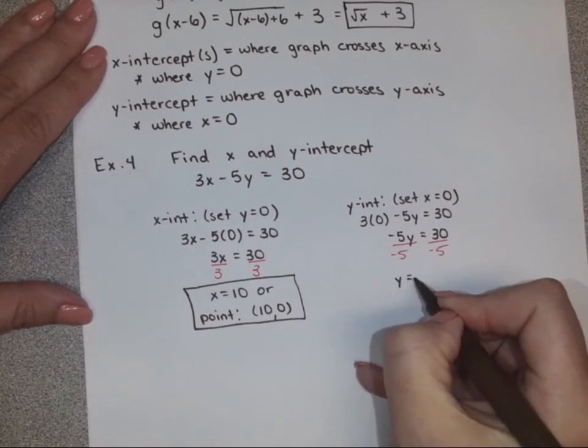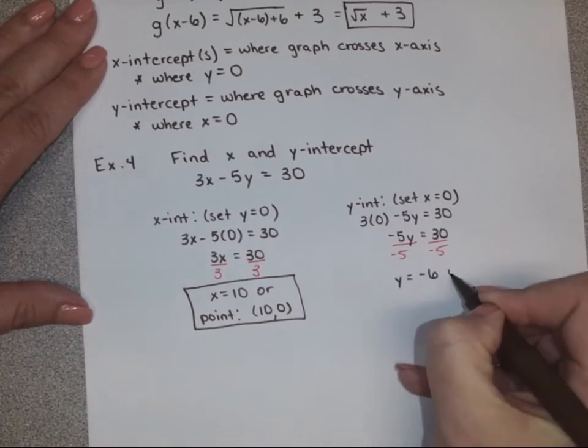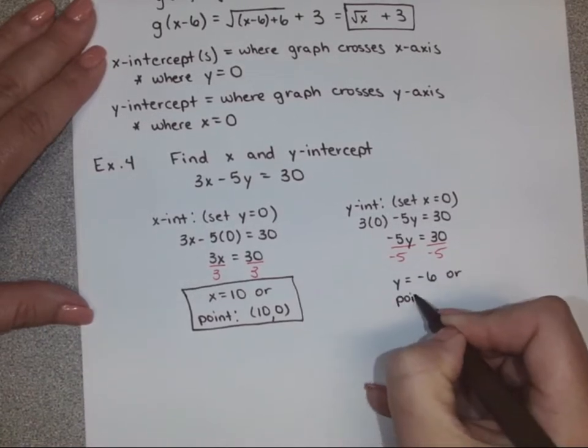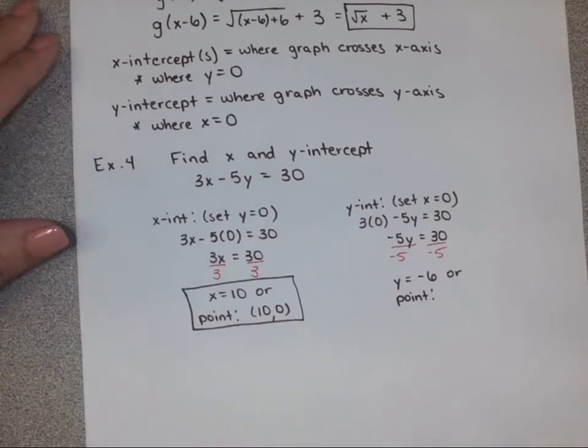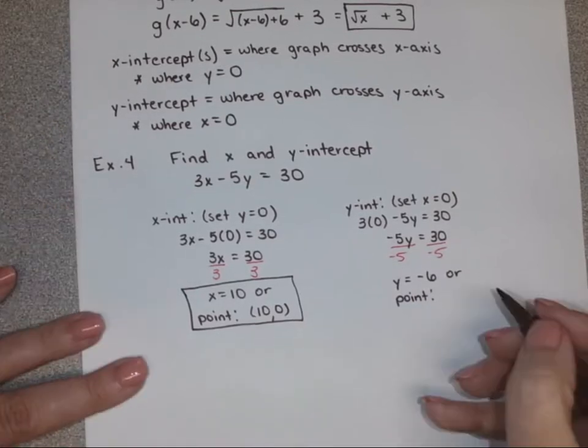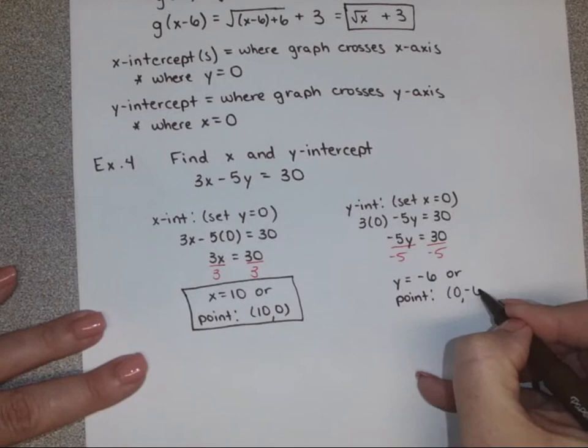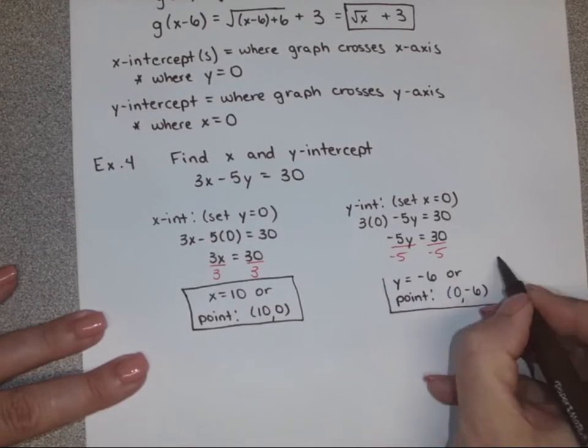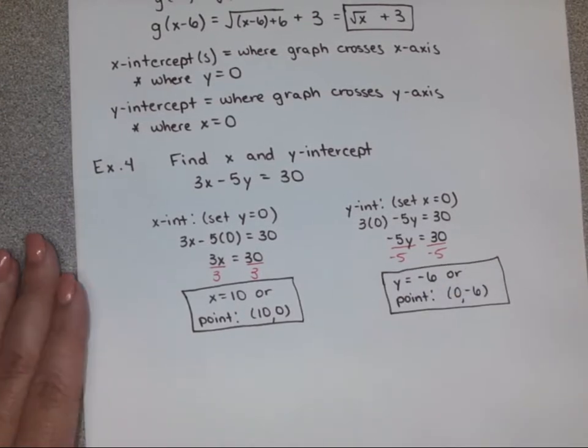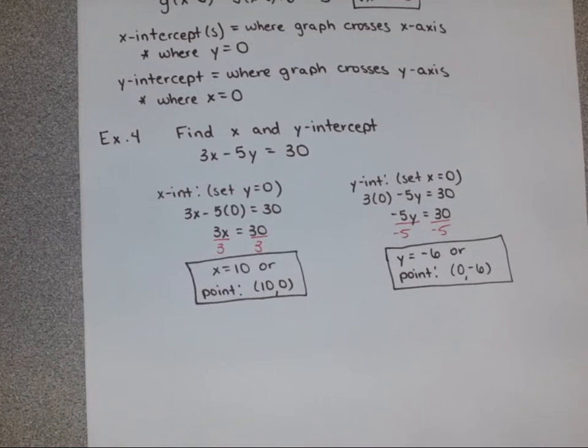Negative. So we end up getting y equals negative 6. Or what would this point look like? And think about that. This time the y is negative 6. 0. Yeah, so it'd be 0 comma negative 6. Okay, so be paying attention on your homework to which format it wants. Definitely make sure you can do both there.